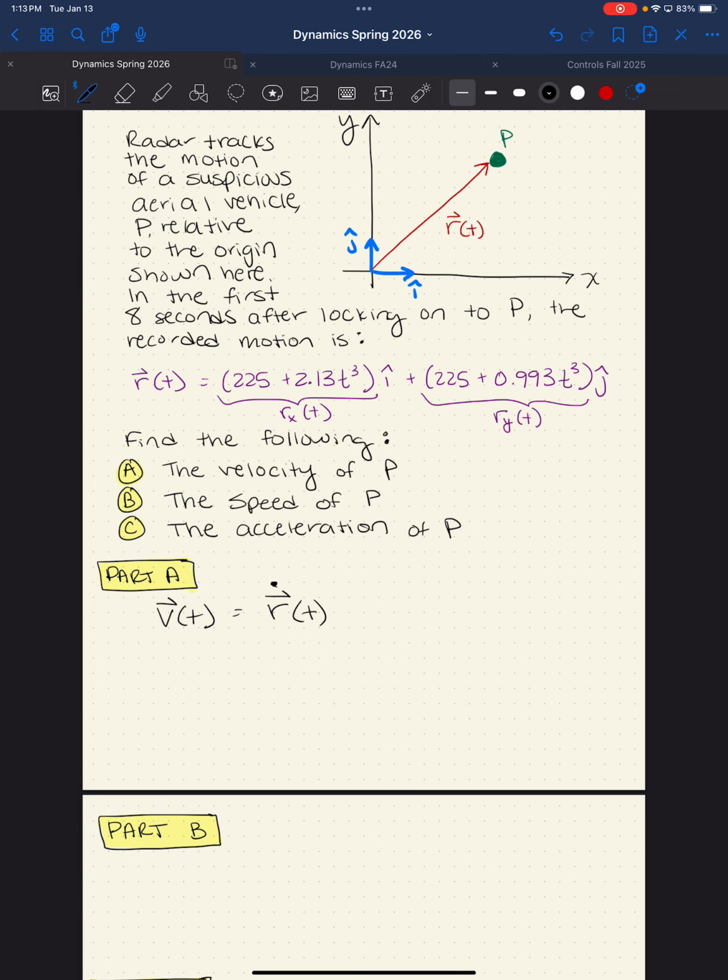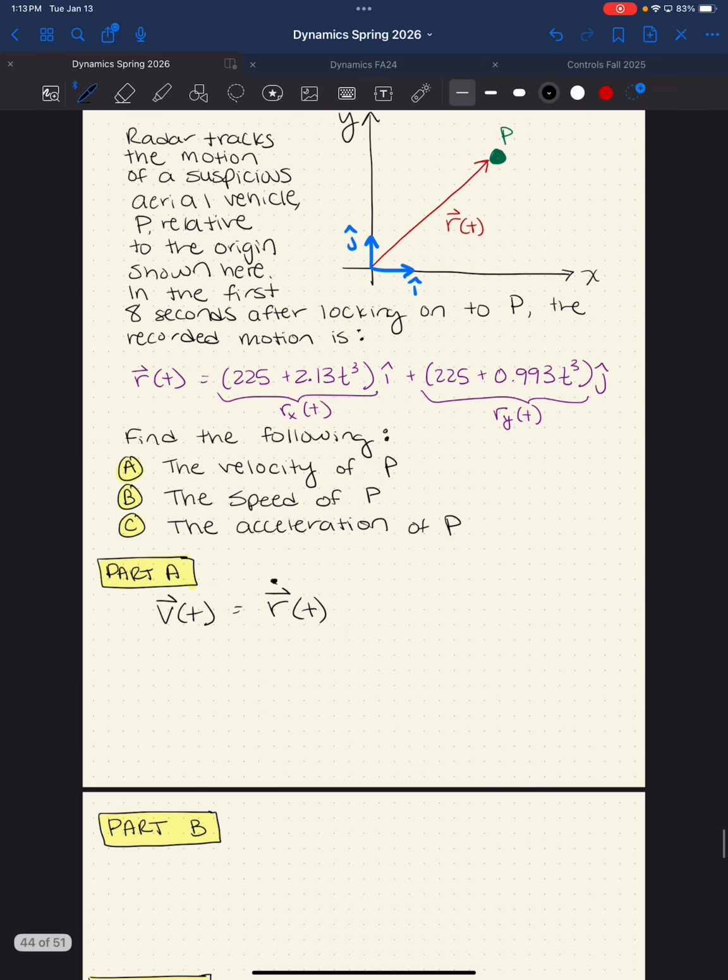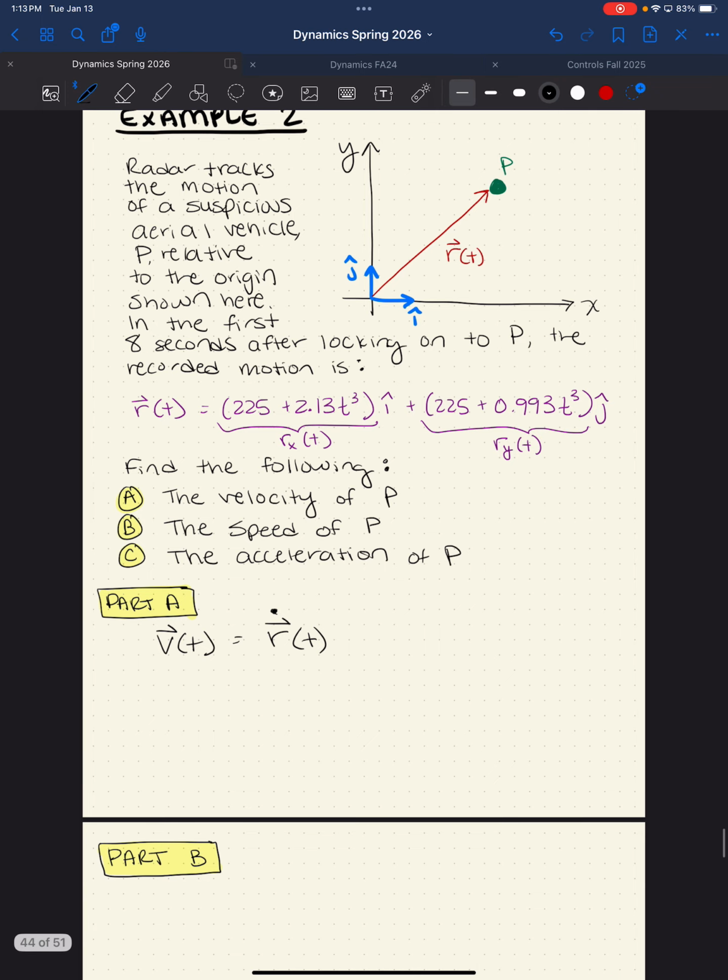All right, so let's go ahead and take the time derivative of my position vector. V of t equals d dt of 225 plus 2.13 t cubed, all of this belongs with i hat, plus 225 plus 0.993 t cubed, all of this belongs with j hat.